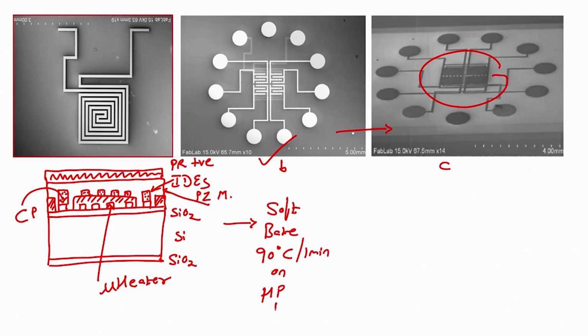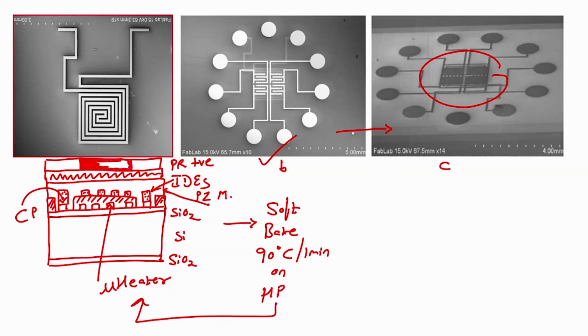After soft baking, I am coming back to this schematic. After soft baking, we have to load the mask, such that I can save my piezoresistive material on the interdigitated electrodes, right.